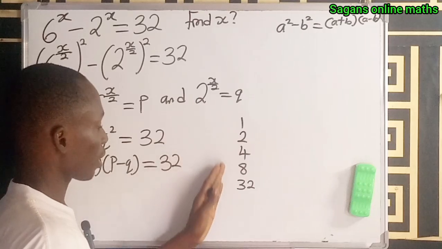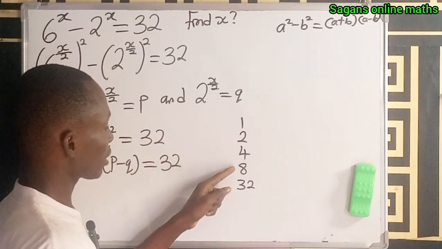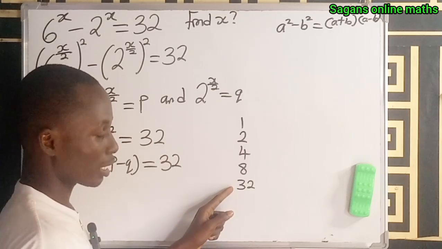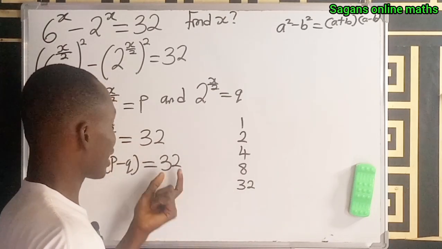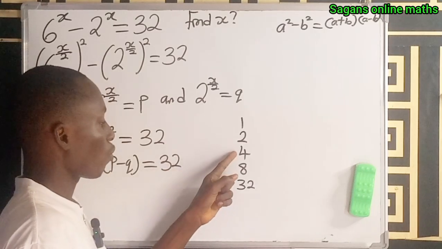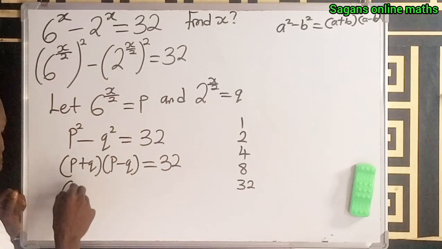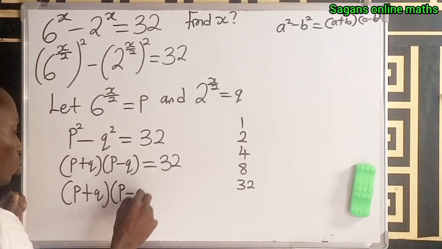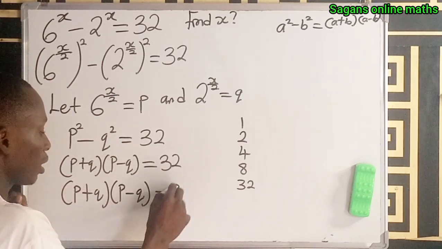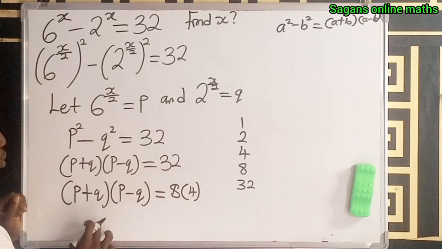If these are the factors of 32, now we know that 1 times 32 is 32, and again 4 times 8 is 32. So I can express 32 as 4 times 8. Okay, so I'm going to add this: (p plus q) times (p minus q) is equal to 8 multiplied by 4. 8 times 4 is 32.